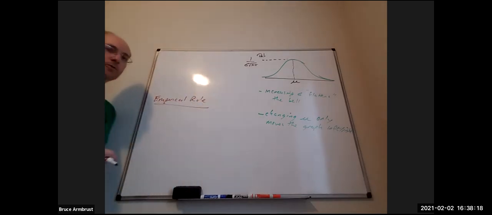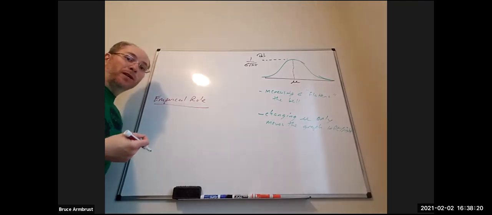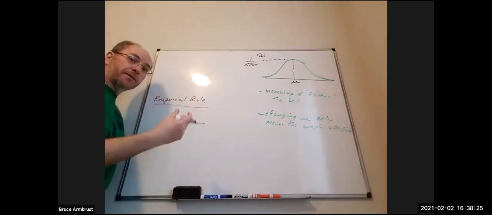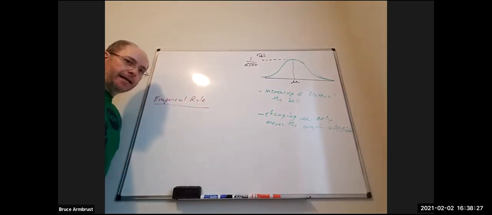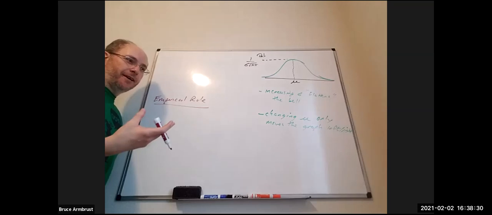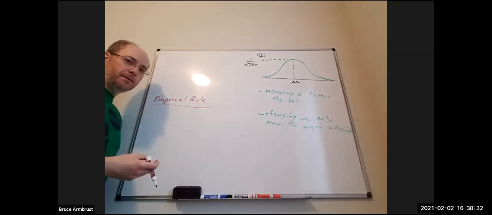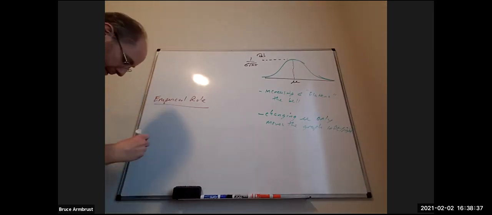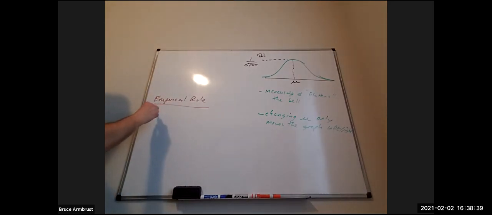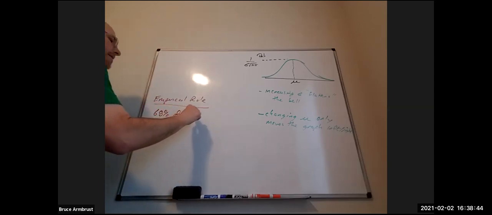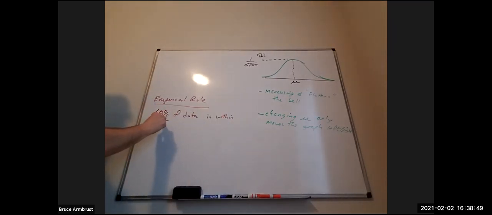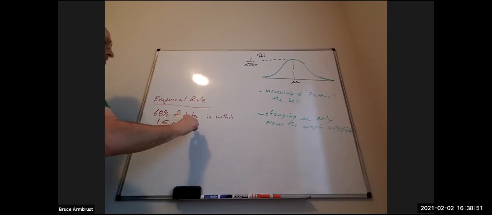To use the empirical rule, you had to have data that was, or a distribution that was symmetric. You can see that this is definitely symmetric. There's a mirror image. And it has to have like, one peak in the middle, which this does have. So the empirical rule applies. And so just remember that this means that there's 68% of the data is within 1 standard deviation of the mean.